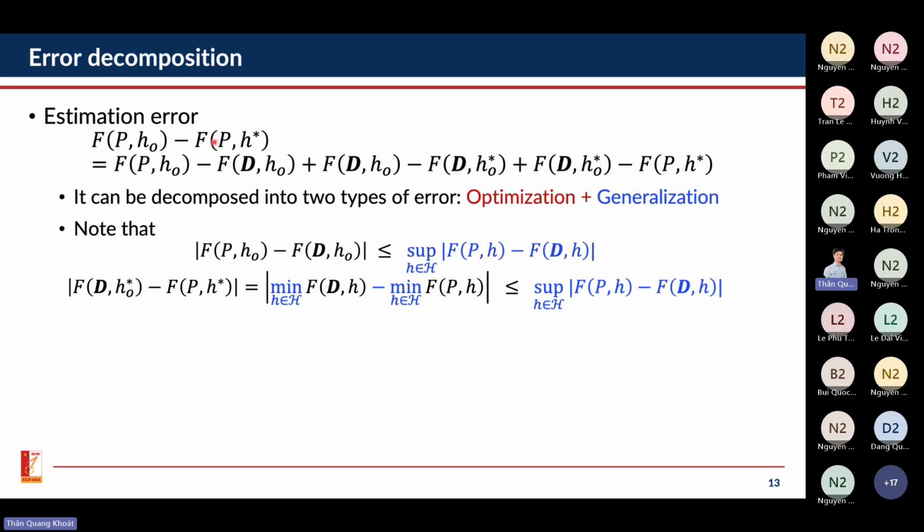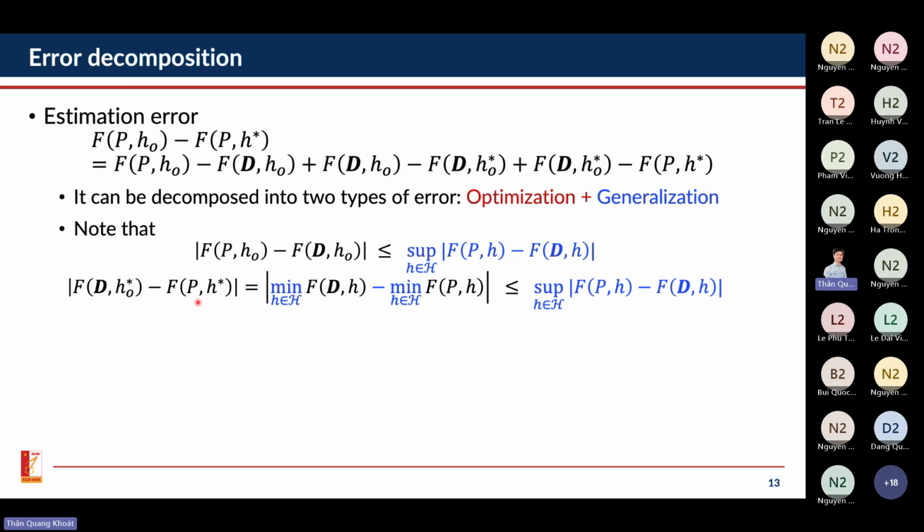Okay, so the first two terms can be bounded by this quantity. The last two terms can be represented by this formula, right? Because by definition, S0 star is a minimizer of the empirical loss, right? And in other words, we can write by this term.